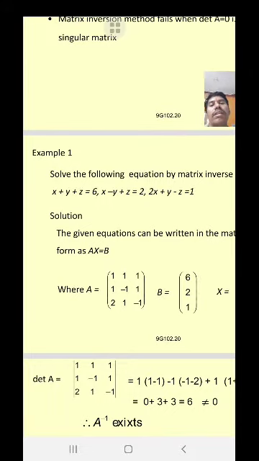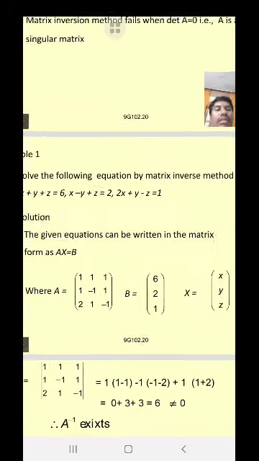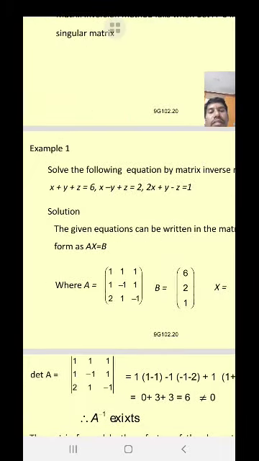Three equations are given: x plus y plus z equals 6, x minus y plus z equals 2, 2x plus y minus z equals 1. We have to solve these equations by the matrix inversion method. So let us see the solution.